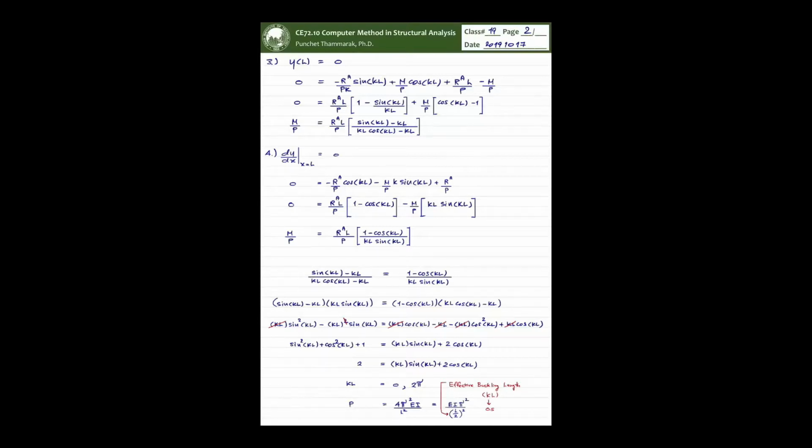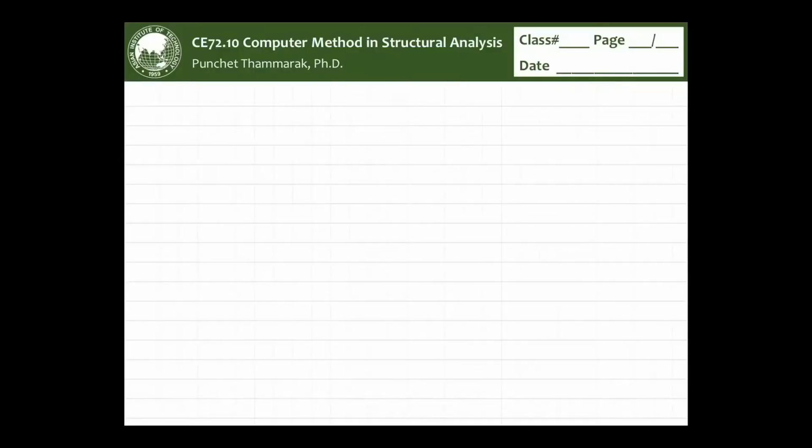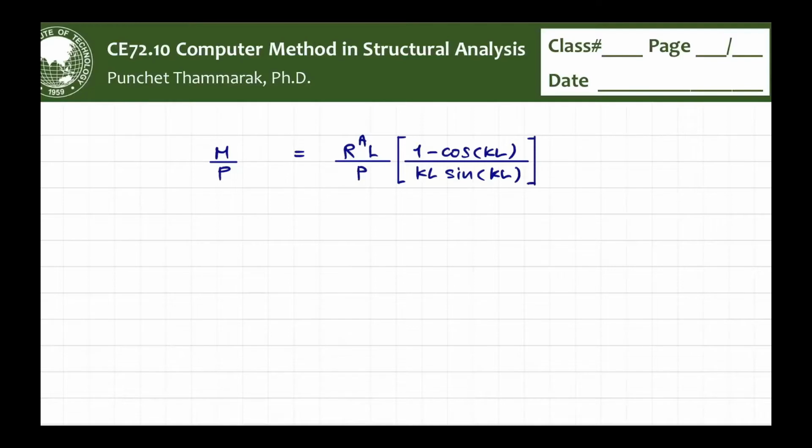Alright, so you just pick one equation, whichever, the number 3 or number 4, both of them should be usable to prove our concept. So just get one. I select this one and then I paste it here. So KL is equal to what? 2 pi, right? 2 pi. What do we get?